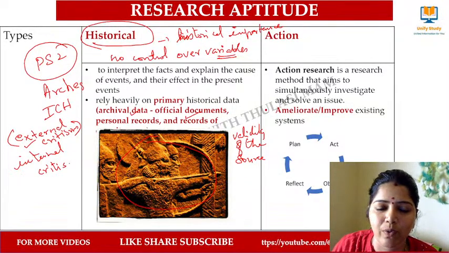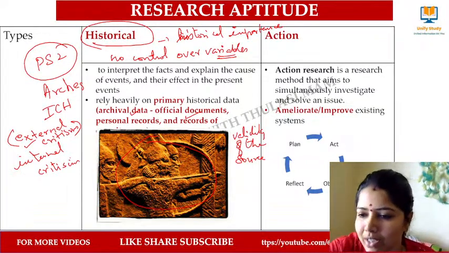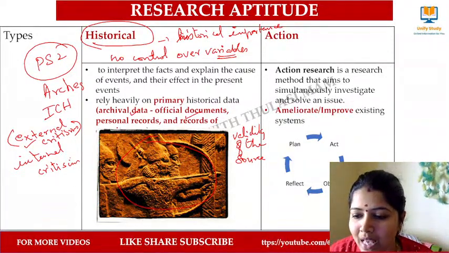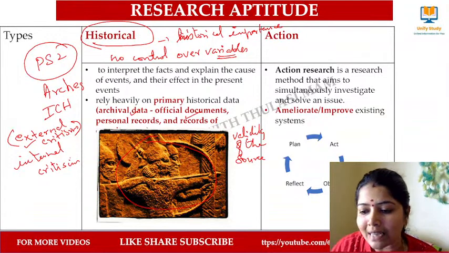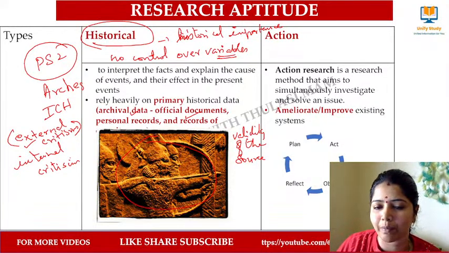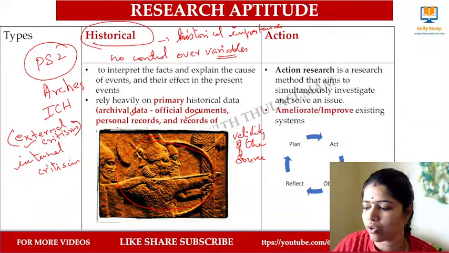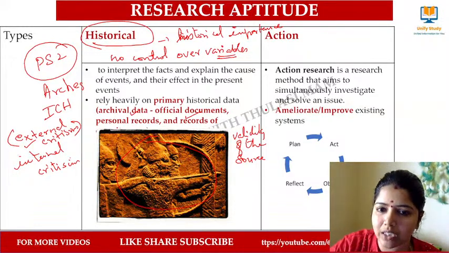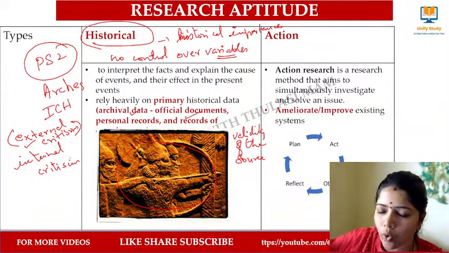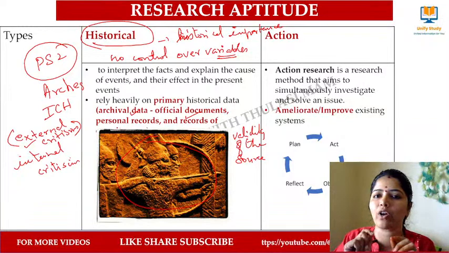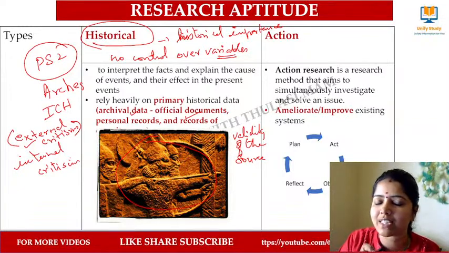Note it down as the keyword to identify historical research. Yes, clear? Here also I cannot control any variables. External does not only mean authentic. External criticism means the validity of the source. Of which source am I doing the research? It can be a cave painting, a palm script, or any kind of sculpture or stone carving.